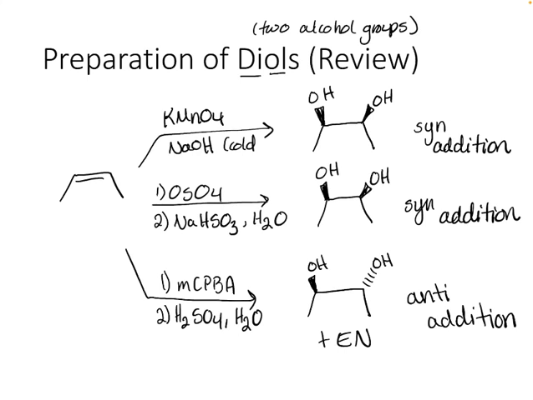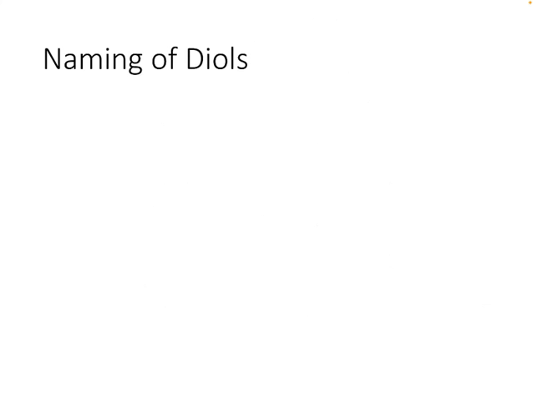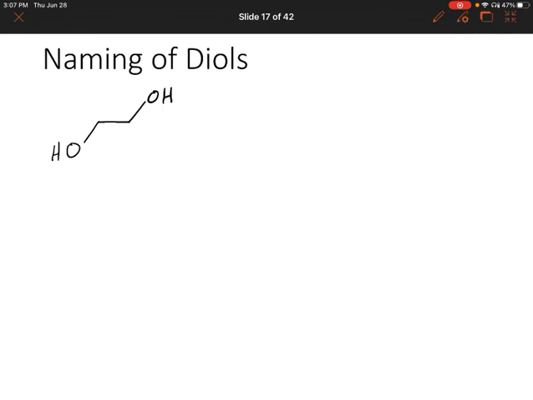Now, how do we name diols? Let's look at how we can name a diol. So let's just use a simple diol here. So again, the first thing we want to do is count the carbons in the parent chain. So here we just have 2 carbons.